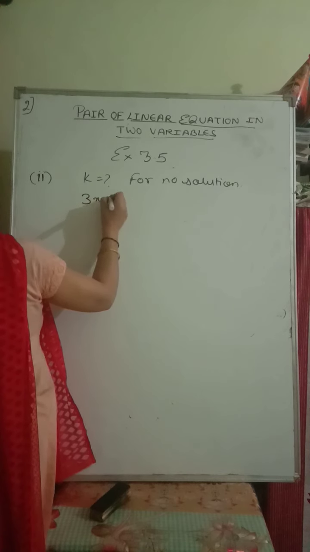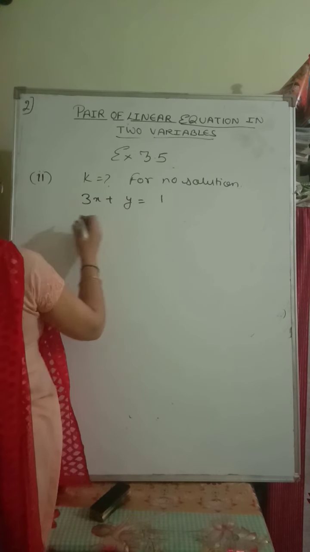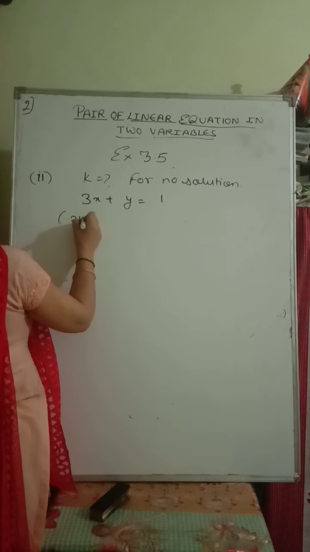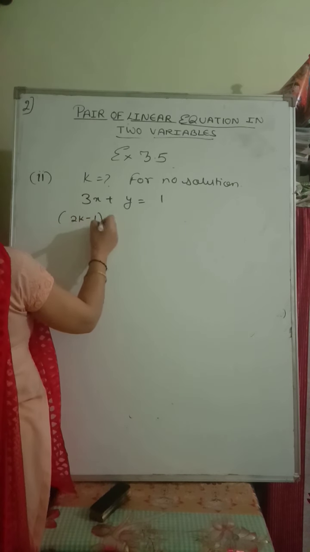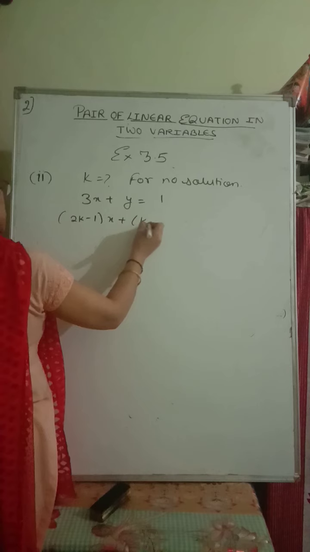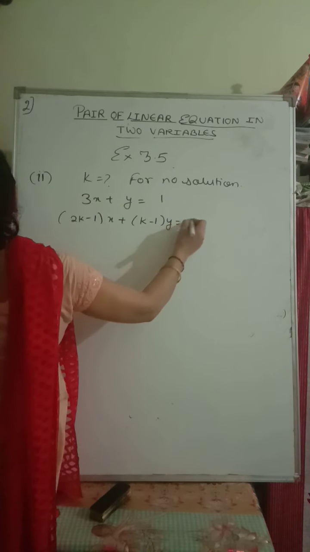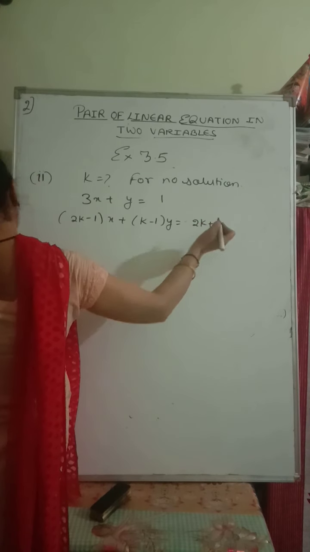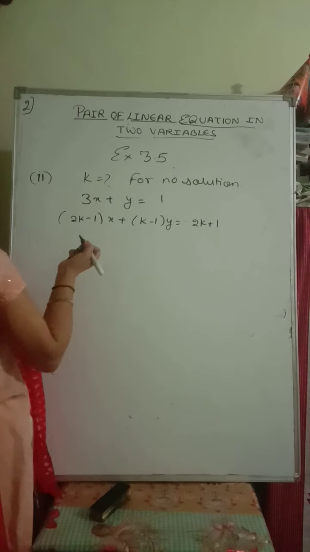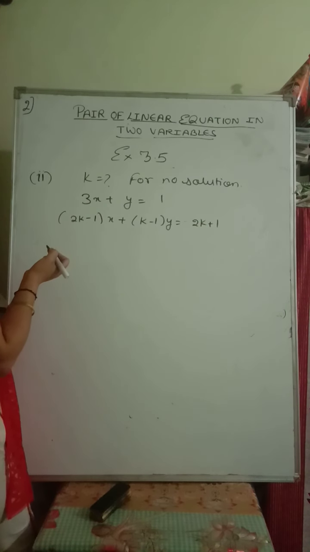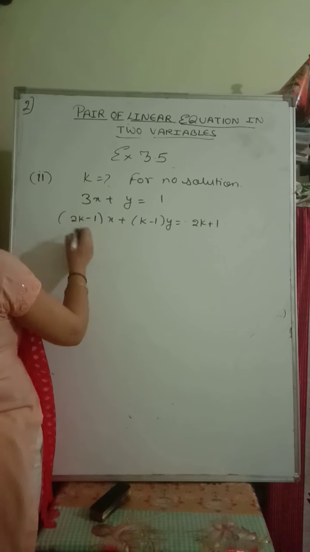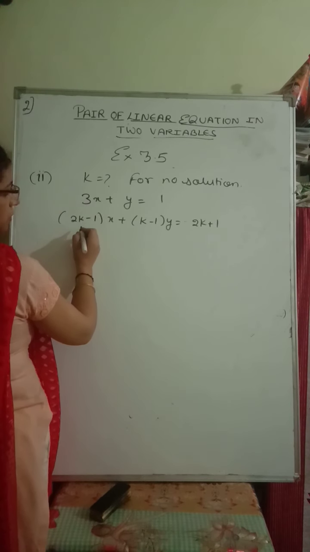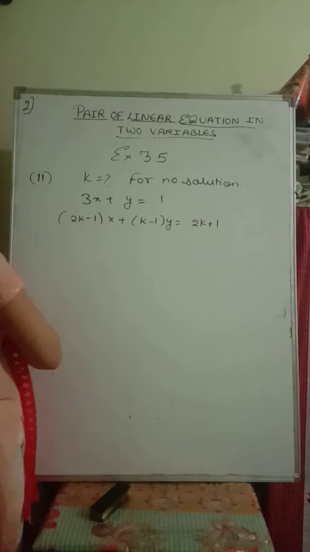3x plus y equals to 1 and 2k minus 1 times x plus k minus 1 into y equals to 2k plus 1. Okay. So we will write a1, a2, b1, b2, c1, c2.